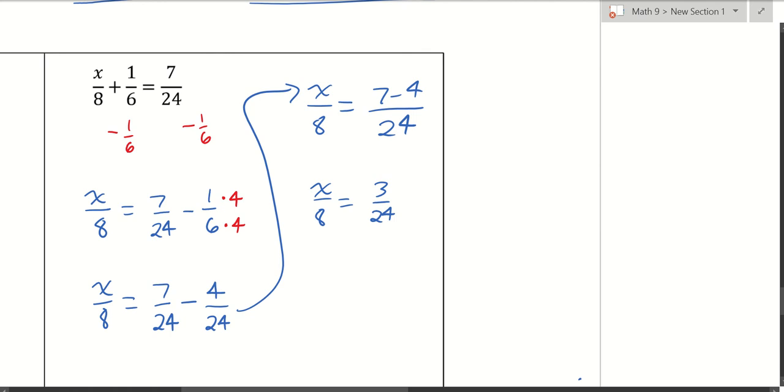So let's simplify this fraction on the right-hand side. We know that we have a factor of 3 on top here, and there is actually a factor of 3 in 24 as well, right? We could write this more clearly. What is 24? 24 is really just 8 times 3, right? 24 and 8 times 3 are ultimately the same number.